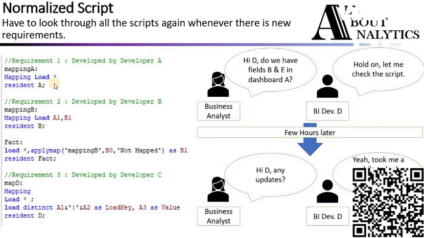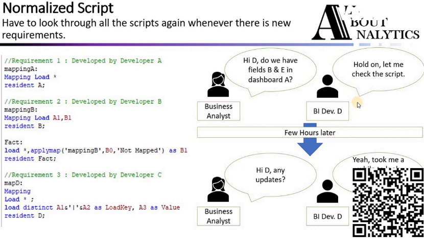Now the last item here is that we have to look through all the scripts again whenever new requirements come in. For example, in this conversation here, our business analyst wanted to know if the dashboard contains fields B and E, and the BI developer couldn't give a direct answer because he has to look into the script again.